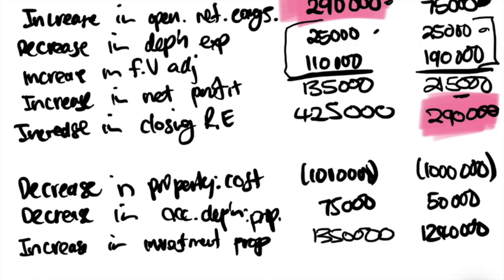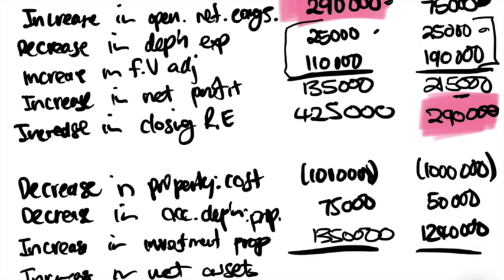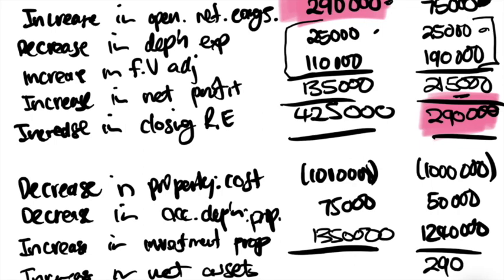And then lastly, we're just going to have a total here saying that we have an increase in our net assets, because there's now a net effect over here on our net assets. And what is that increase? Well, if we add these up, we can see that in X2, it's 290. And then in X3, the net effect on our net assets is 425.